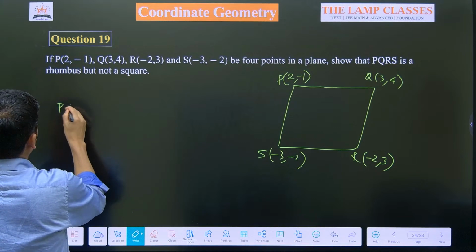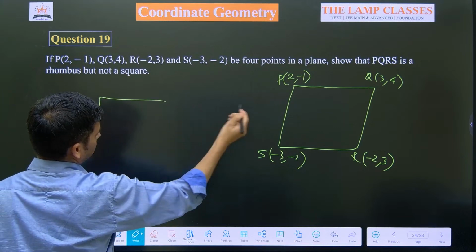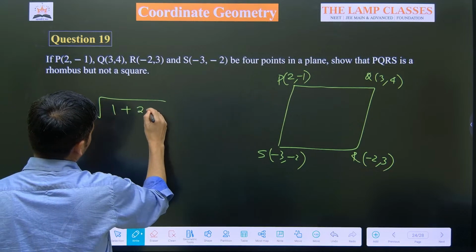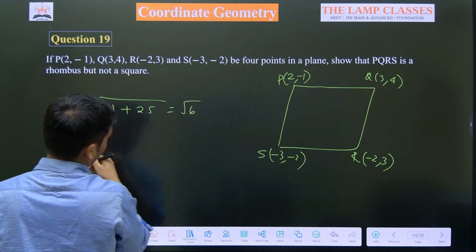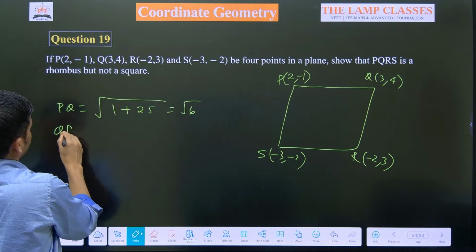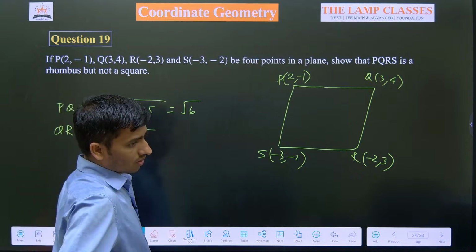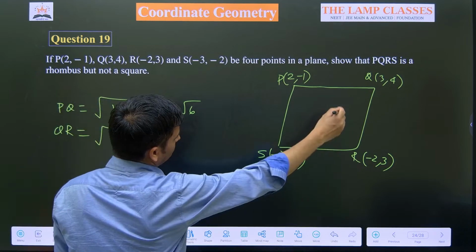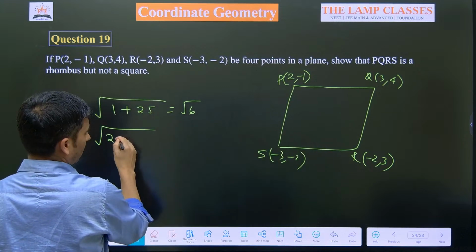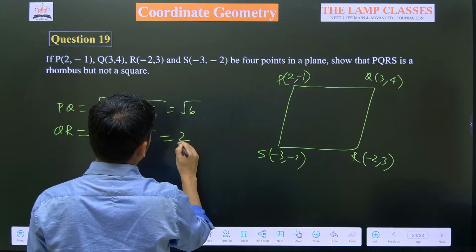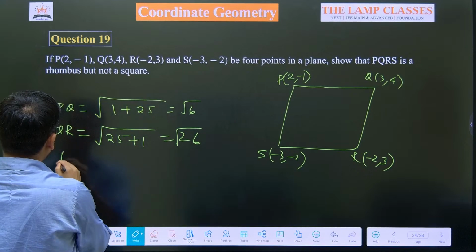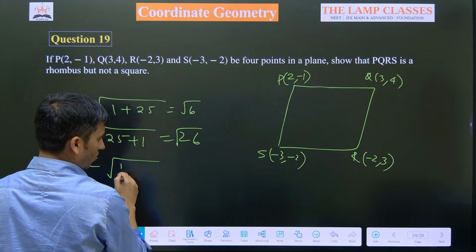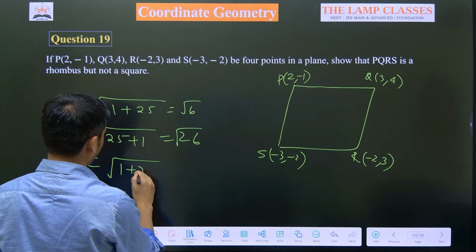PQ first we can calculate. This is going to be root under 3 minus 1, that is 1... plus 5 square, 25. QR: 3 plus 2, 5, so 25 plus 1, this is also root 26. RS: minus 2 plus 3, 1 square, 1, 3 plus 2, 5, 25, right?